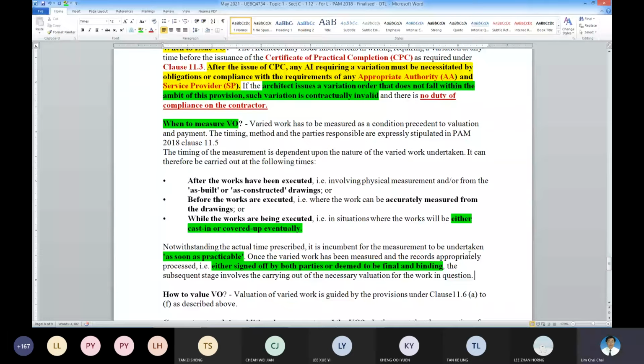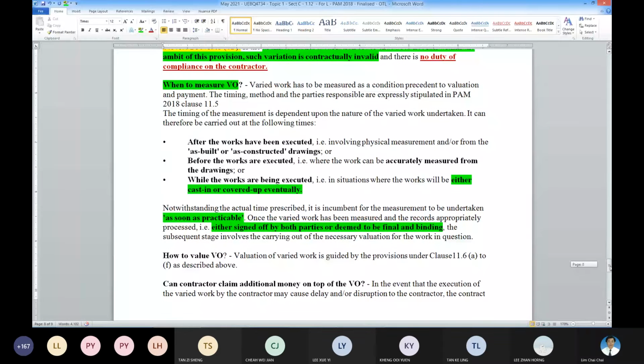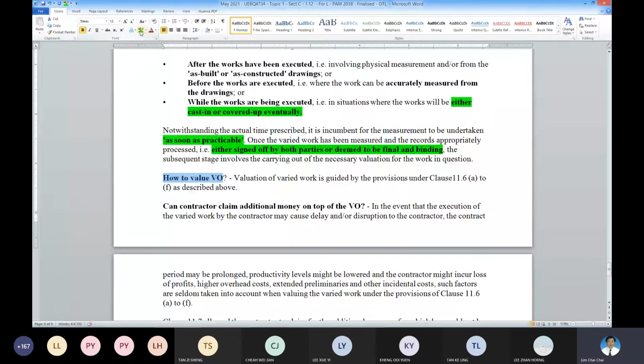I mean, how to value. When to measure. How to evaluate? I already mentioned to you that your clause 11.6a to F will be the basis for evaluation. Okay?